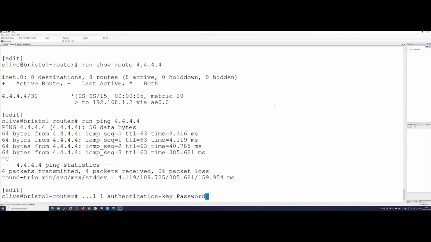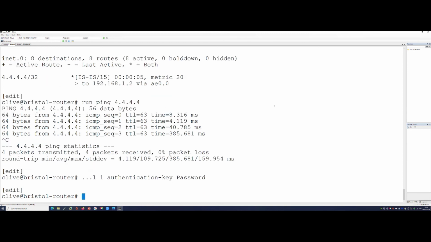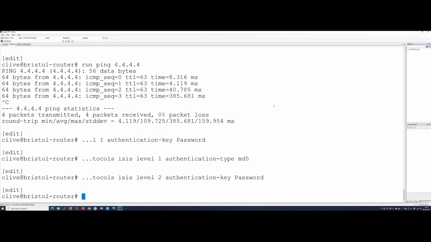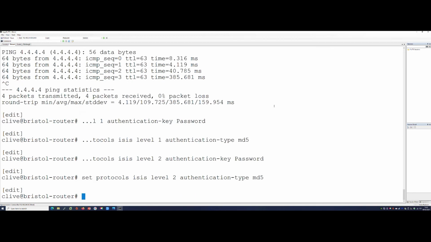So the password must be the same, and the encryption type must be the same as well. So the authentication type is going to be MD5. Okay, we now need to do that on level 2. Let's commit that.